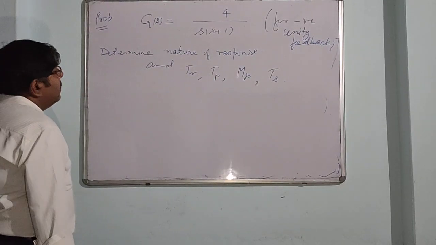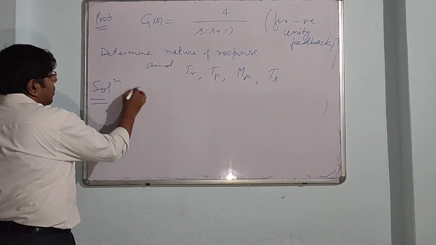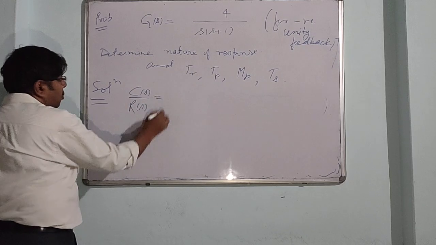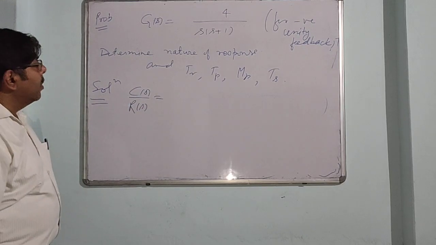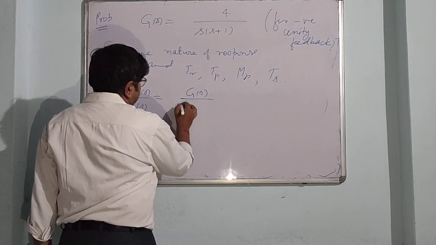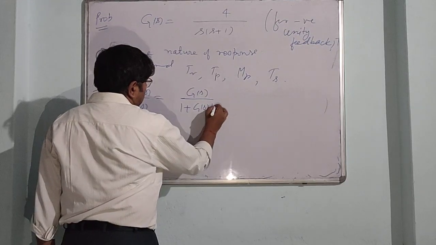So what is the method? First calculate this value C(s) by R(s), that is the closed loop transfer function, which is obviously given by G(s) upon 1 plus G(s)H(s).